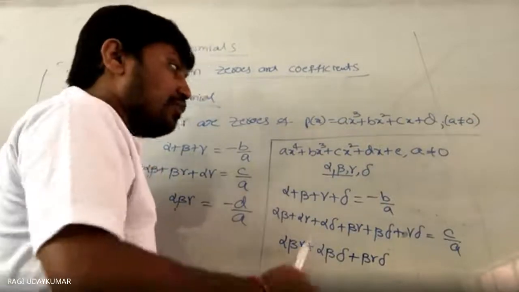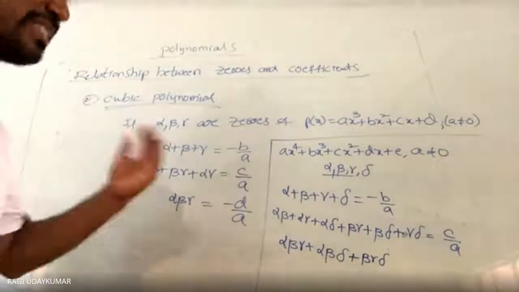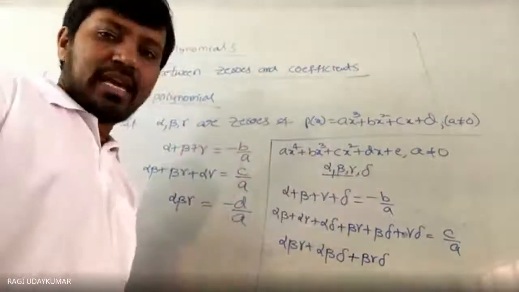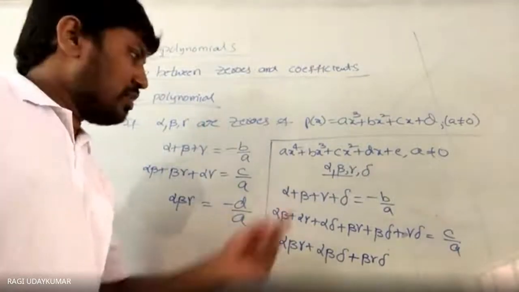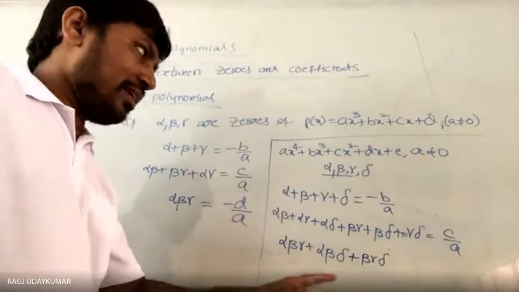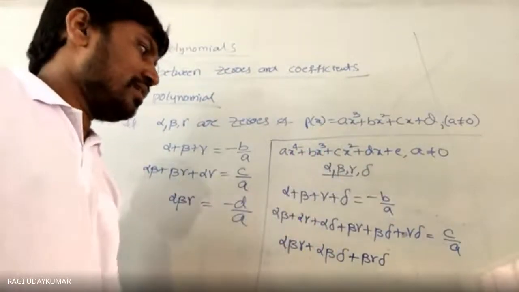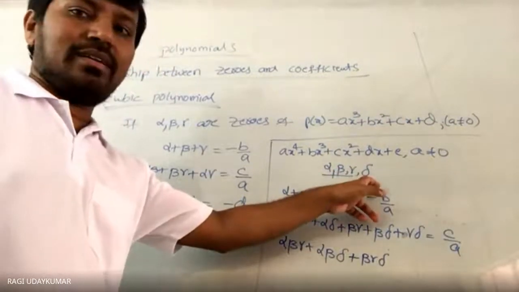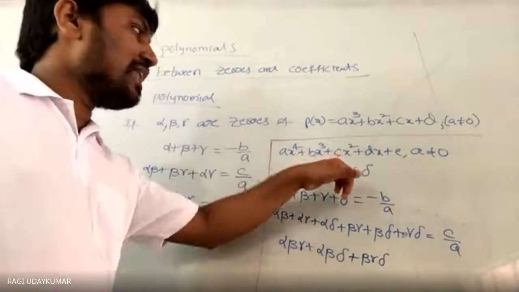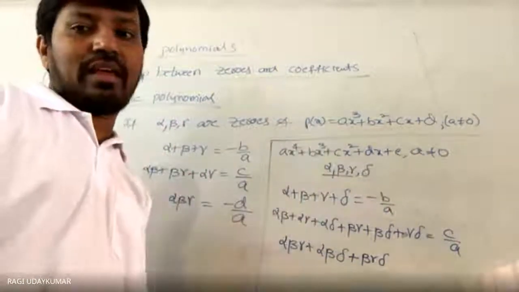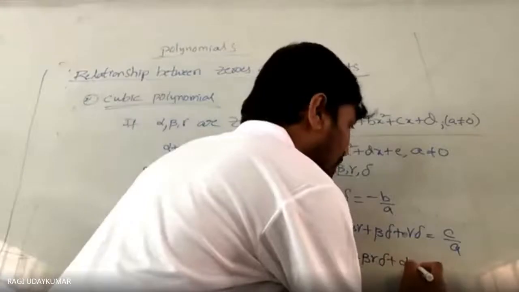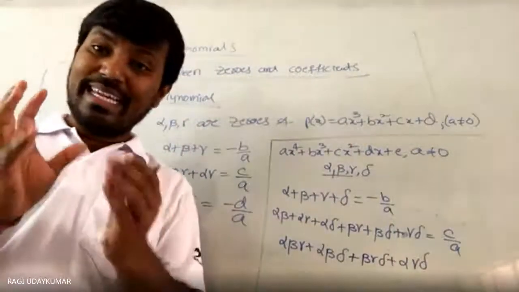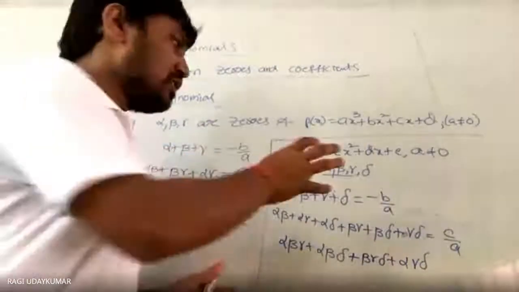Okay. And if you see here, is there still any possibility of getting a combination in this? We have to take 3 at a time. You identify it. I have taken alpha beta gamma and alpha beta delta. There is a chance of beta gamma delta, and there is another possibility that alpha gamma delta can also be there. That means what are the possible 3 you can take from these 4.